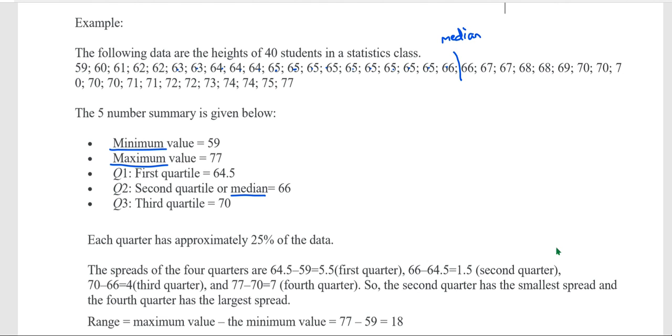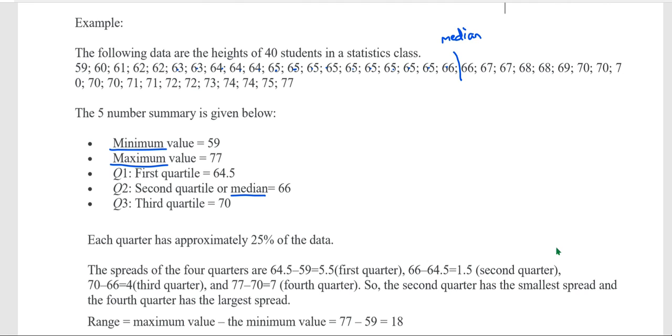Now, if you have an odd number of data values, then the median is going to be one of the numbers. But because I have an even number of data values, the median is between two of the data numbers. So I'm going to calculate it as the average of the two middle numbers.